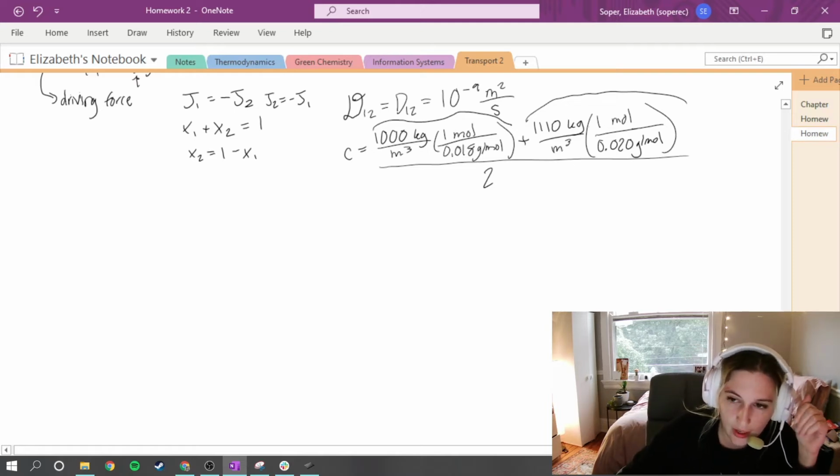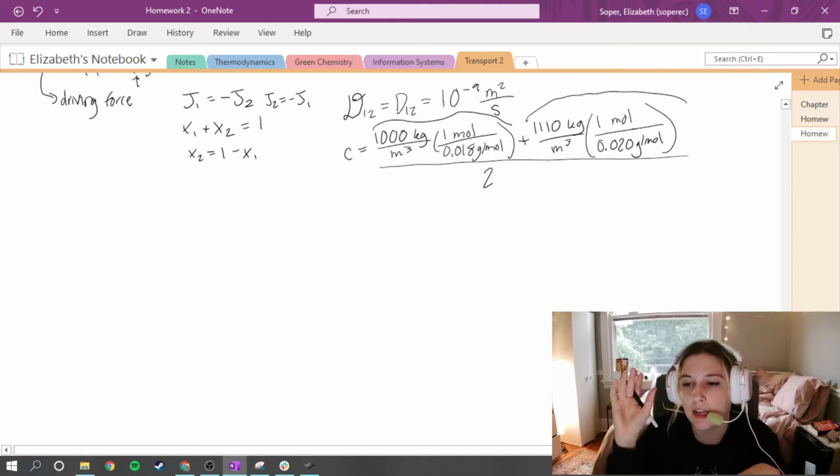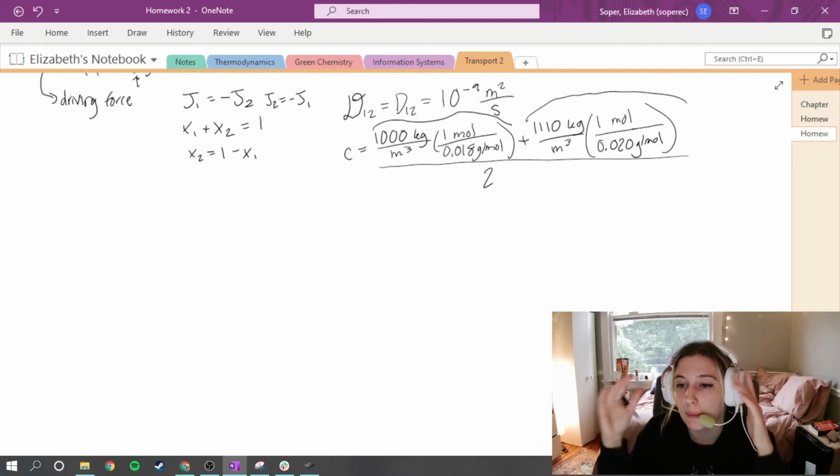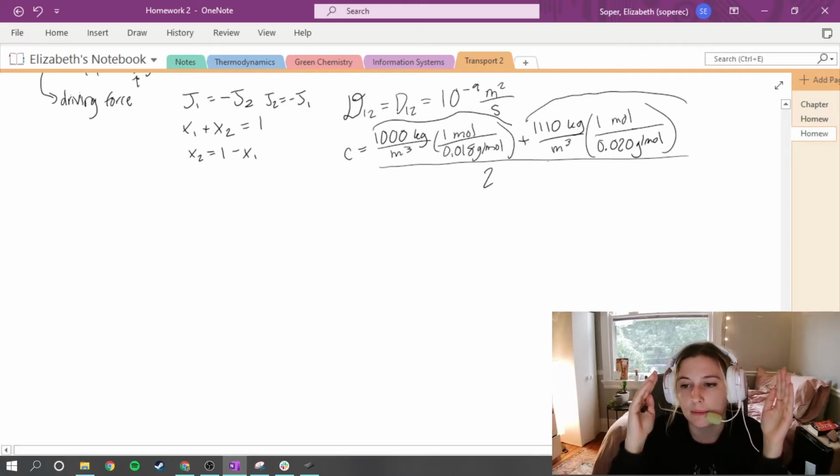So we have those moles per meter cubed, and since we have 2 components and they're taking up equal volumes, we're going to divide it by 2.